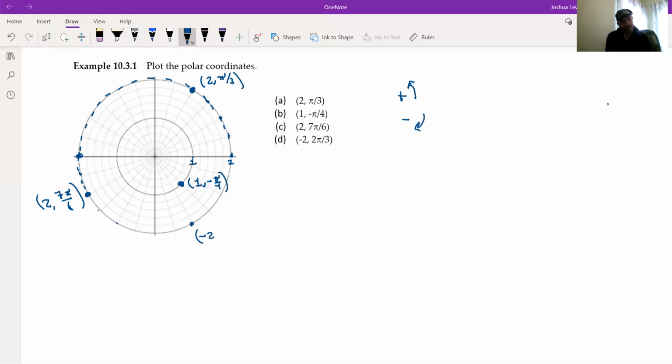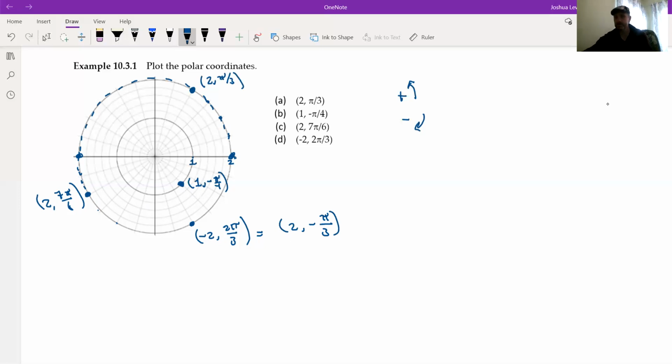So (negative 2, 2 pi thirds). And it's worth noting that that's the same as if I had started at 2 and gone down negative pi thirds, right? That identifies the same point. In fact, I could even say that those are equal. It's the same as (2, negative pi thirds). So there's all sorts of expressions for the same points. They're not necessarily unique, but this is how you graph.